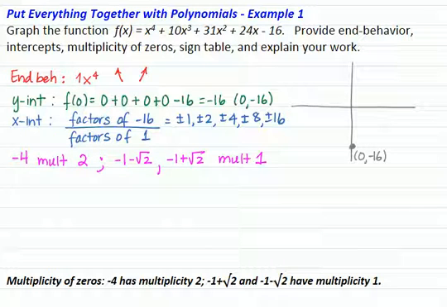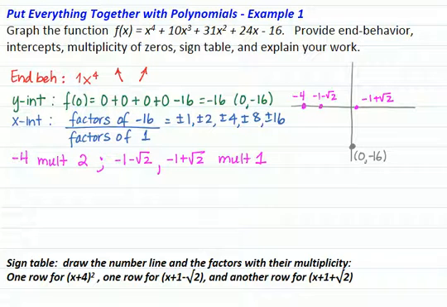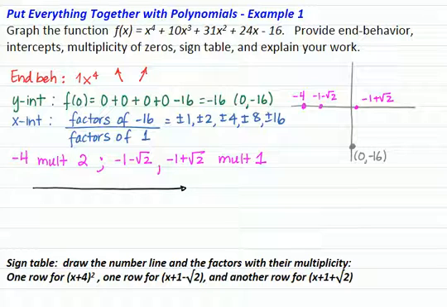And I will now put them on the graph so that I can see them. This is negative 4 here. This is going to be negative 1 minus the square root of 2. This is going to be negative 1 plus the square root of 2. I'm going to do the sign table, so I'm going to draw the real number line from negative infinity to infinity.